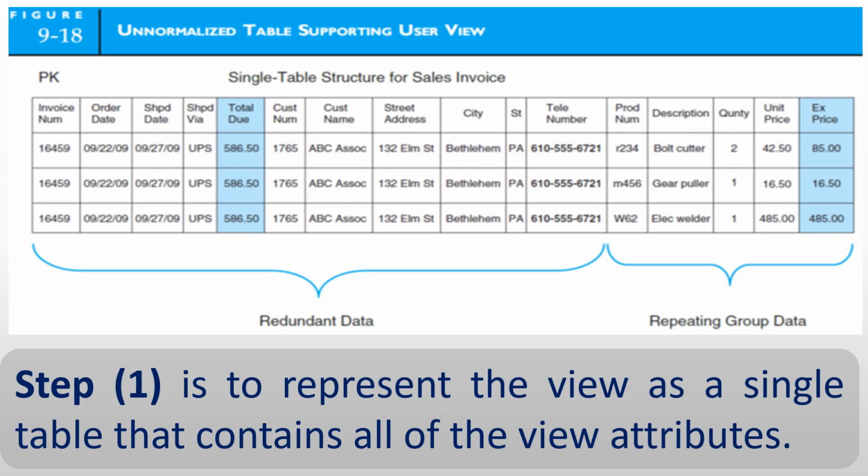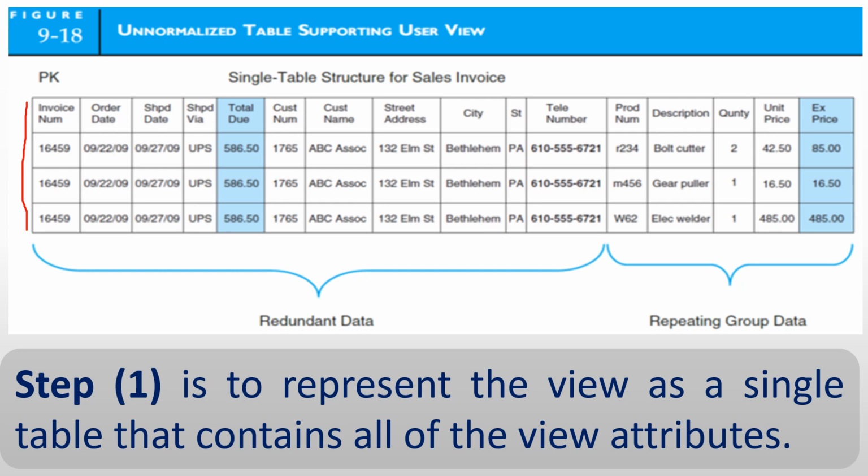We can see here the single structure for the sales invoice, a single table. You can see the primary key is the invoice number, and then all of the information is represented through columns. Each piece of information should have a column.